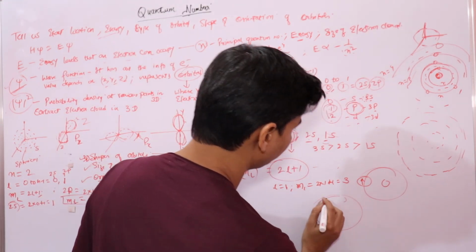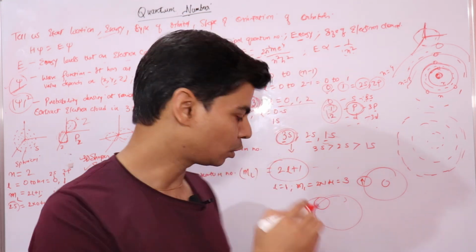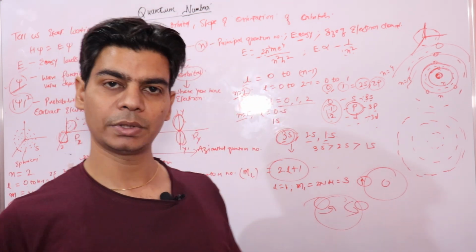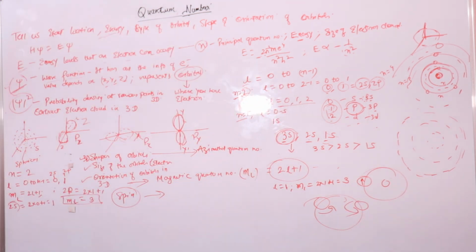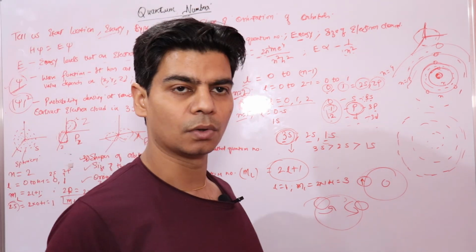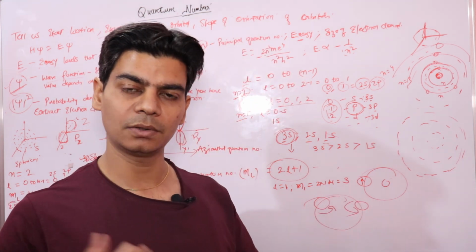An electron can spin in two directions: anti-clockwise or clockwise. So these are two spin states, anti-clockwise and clockwise.